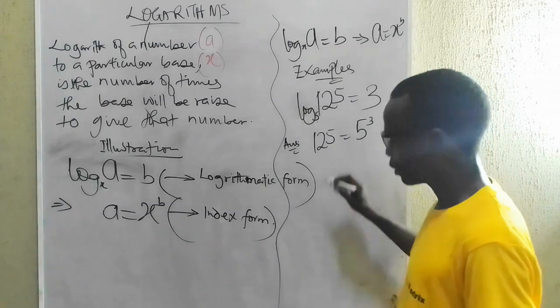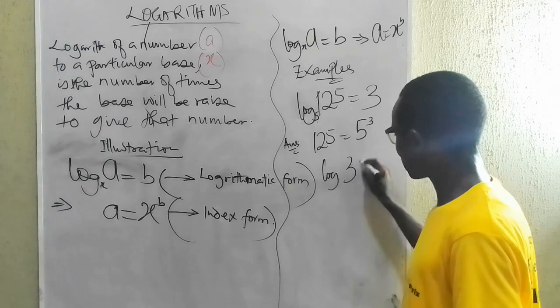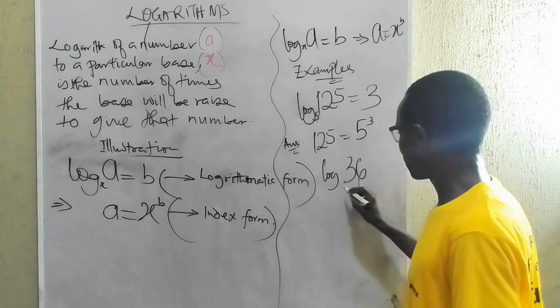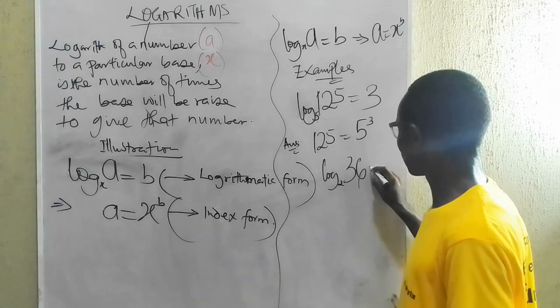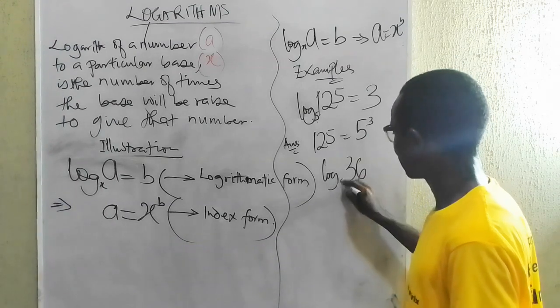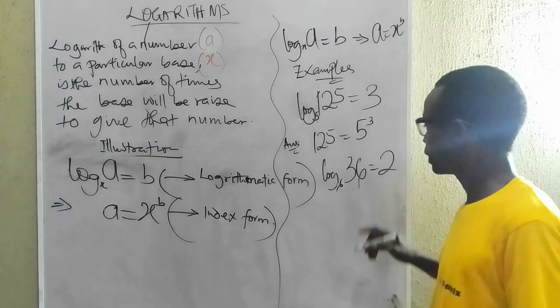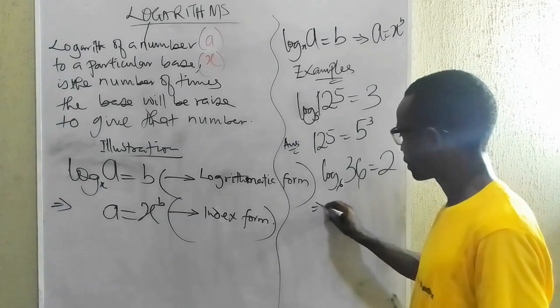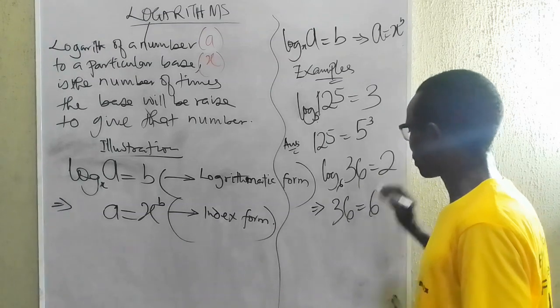Another one, let's say log 36 in base 6 is equal to 2. It means that 36 is equal to 6 raised to the power of 2.